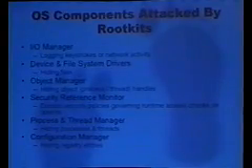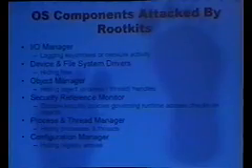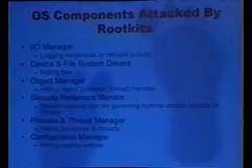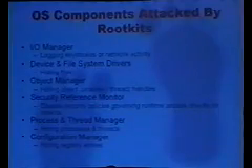With device and file system drivers, you could attack these device drivers within the kernel in order to hide files. The object manager is in the kernel. It maintains a list of all the objects within the system. Objects are used to do bookkeeping, so all your process and thread objects are there within the object manager.